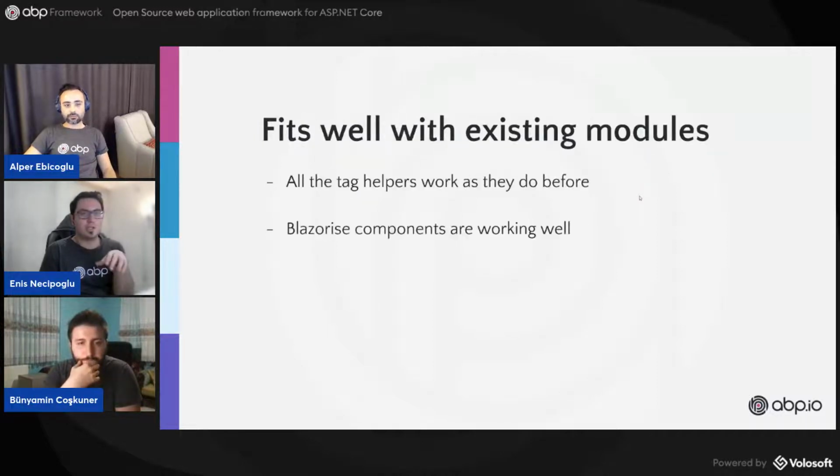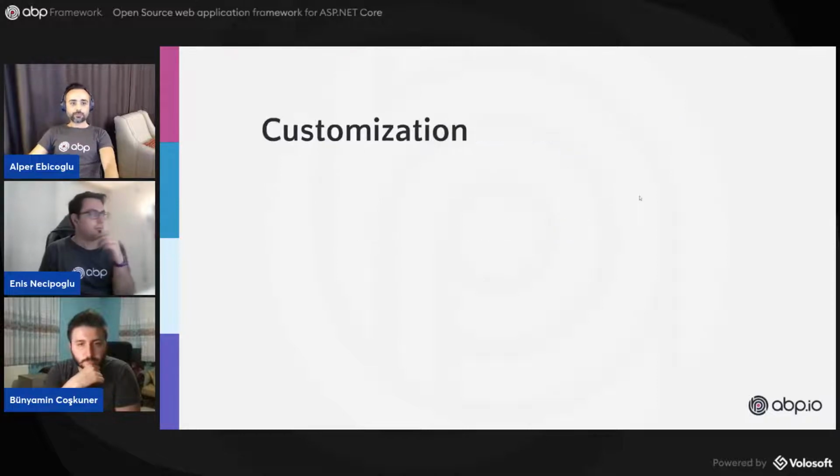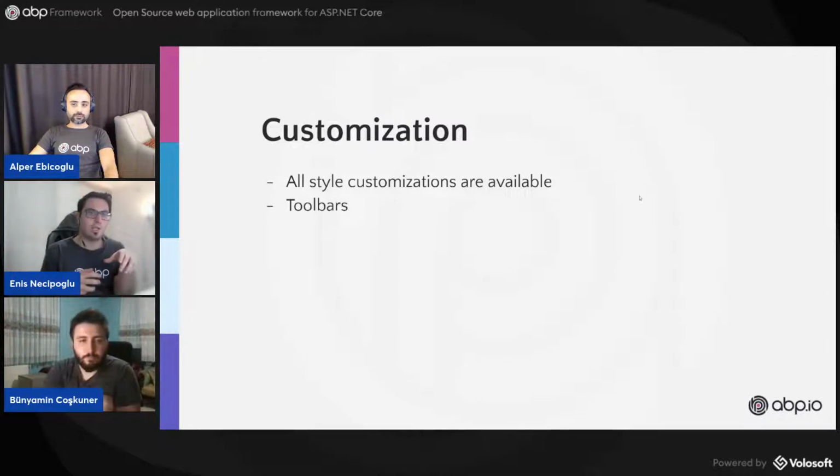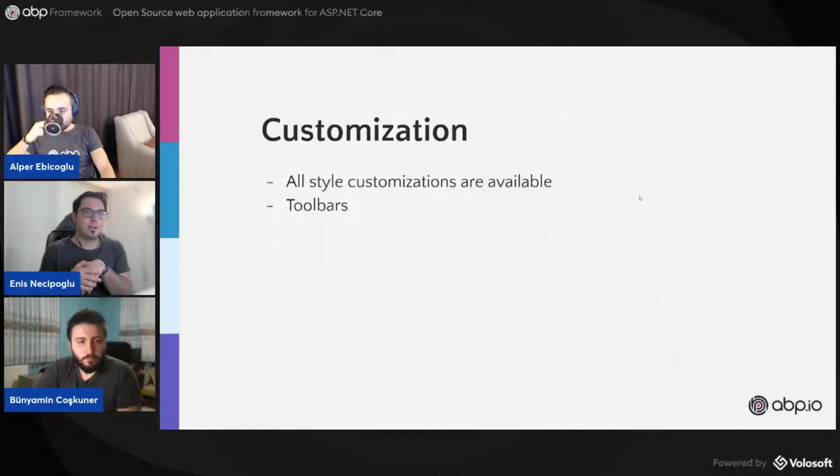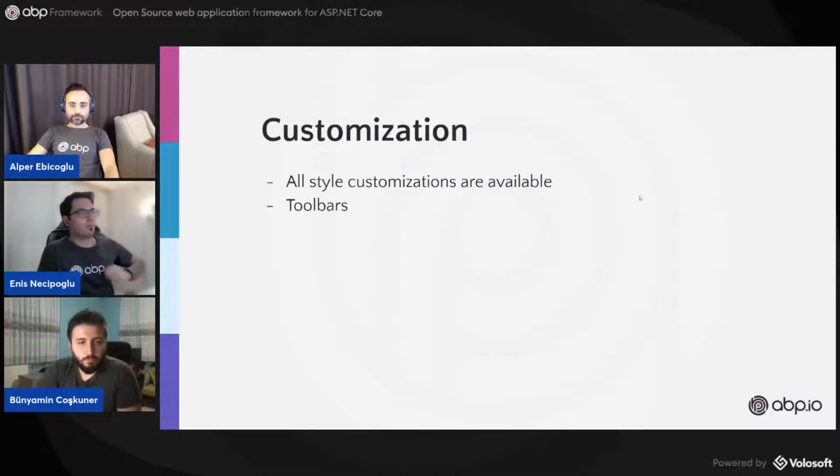And you don't have to change anything after migrating to LeptonX or LeptonX Light. Customization: all style customizations are available in LeptonX. As Bünyamin says, you can change whatever you want in the LeptonX theme, and it can be immediately applied in your application when you place your theme in your app.